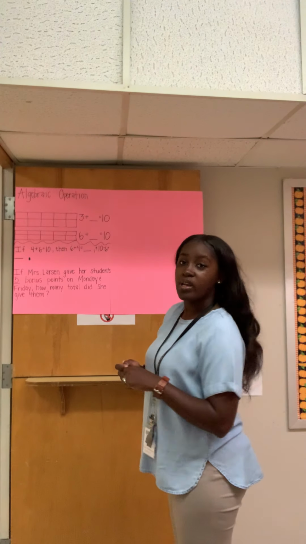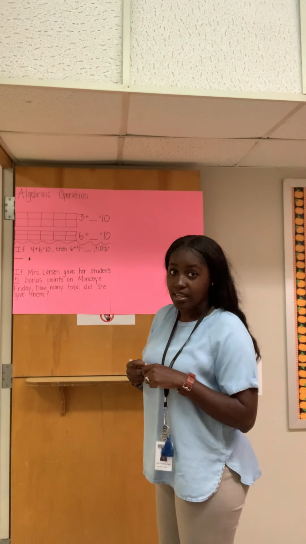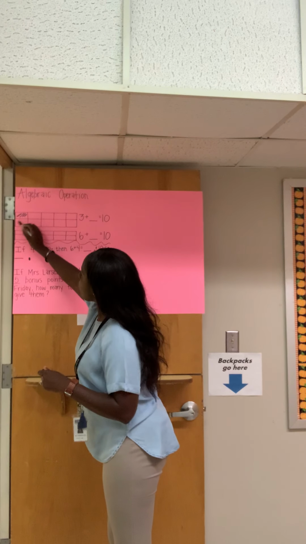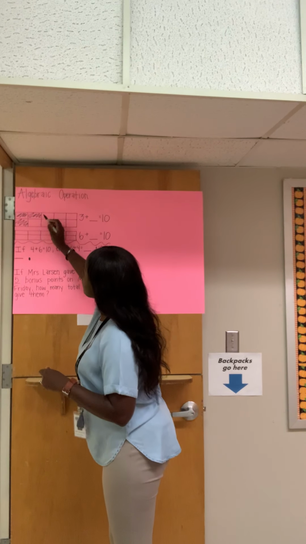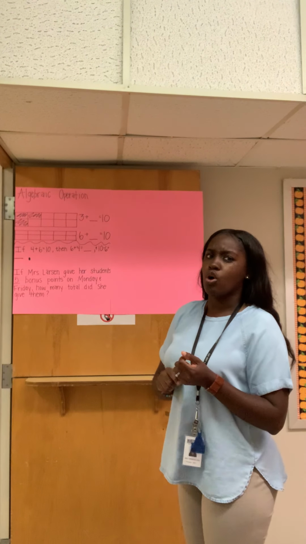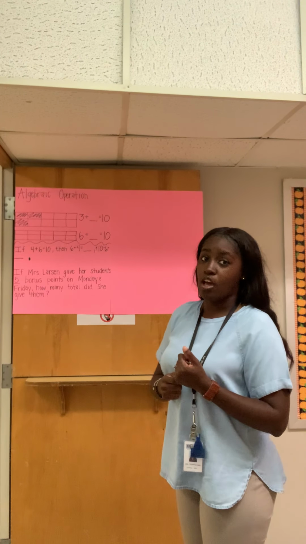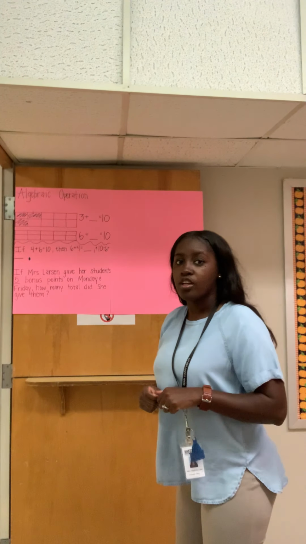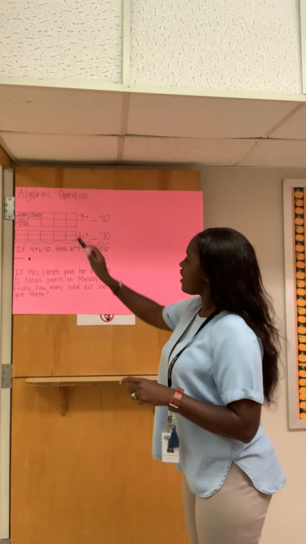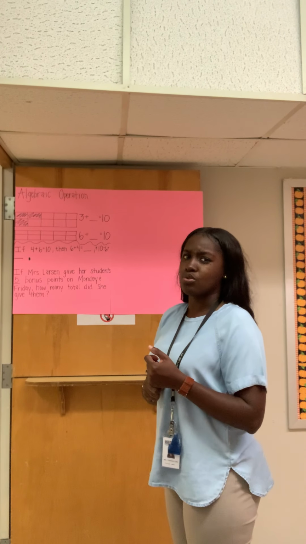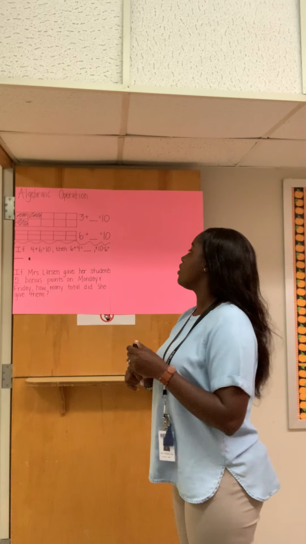Okay, if we have 3, we have 3. So let's mark out 3. How many more do we need to have a total of 10? So let's count. We know that we have 10 squares here, but let's take away those 3. How many more do we need to sum up to 10?